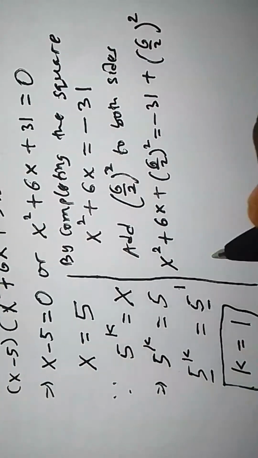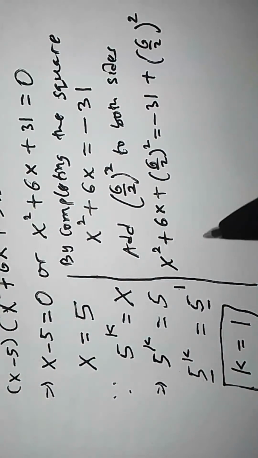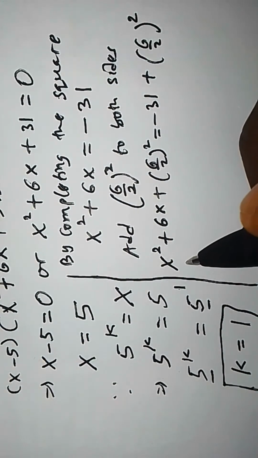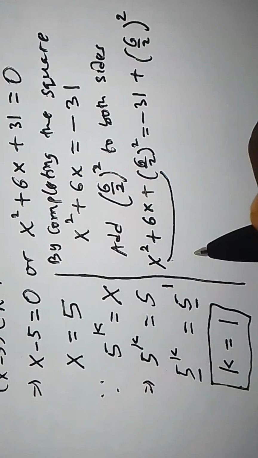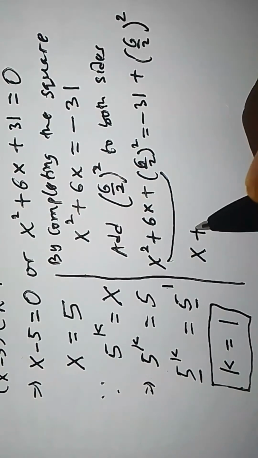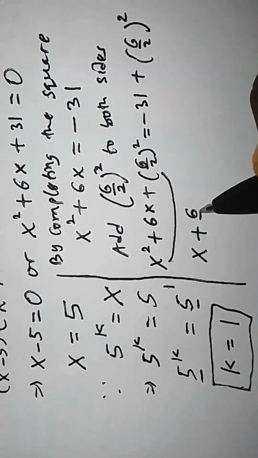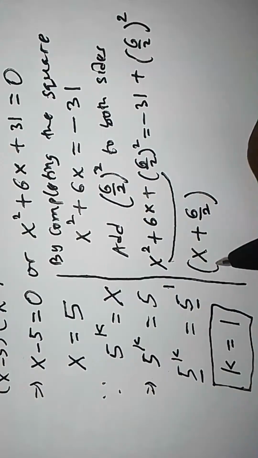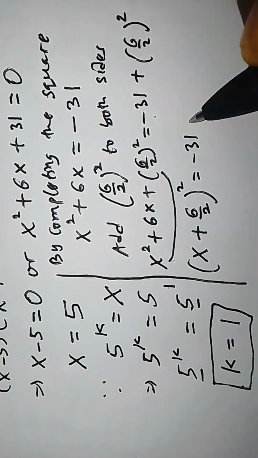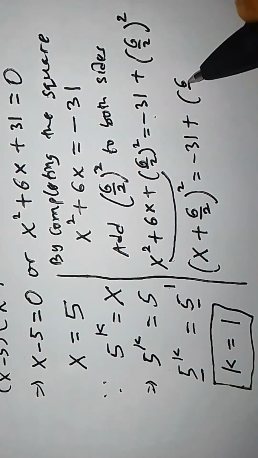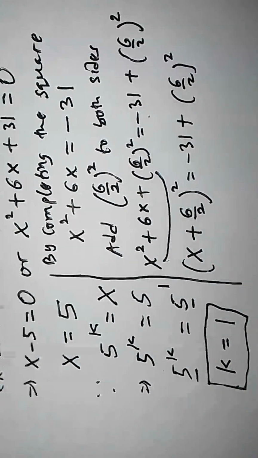So let's proceed further. I can combine this left hand side. That will be (x + 6/2)² = -31 + (6/2)².